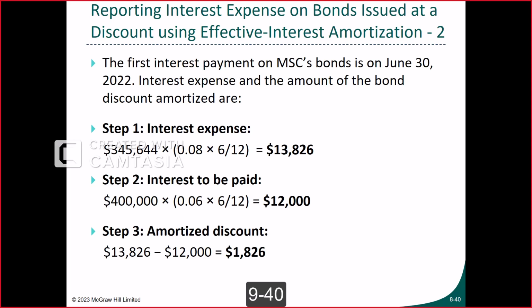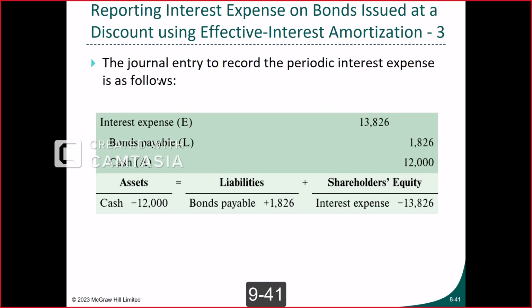The difference between the two calculations, the economic reality, the substance, and the form, that $1,826 is the amortization of the discount. This is how it is accounted for on the credit of the bonds payable.